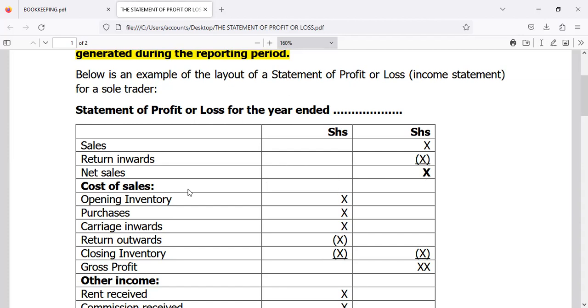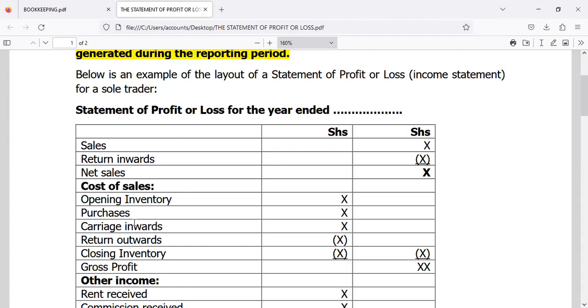Then after getting the net sales, we have to list the cost of sales. To get cost of sales, we get the opening inventory, we add the purchases, we add the carriage inwards, then we less the return outwards. Return outwards, this is as a result of you returning back some of the goods you purchased from the suppliers.